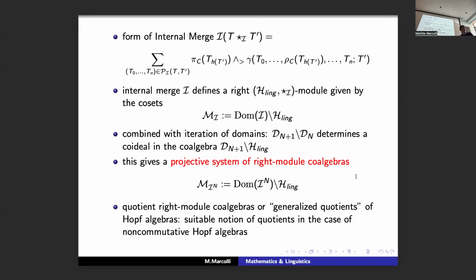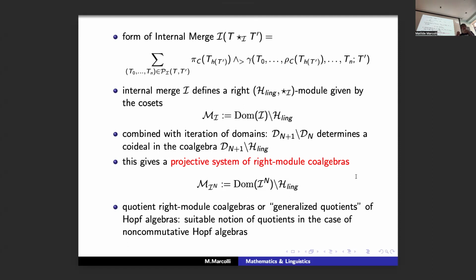Because if you have a commutative Hopf algebra, a quotient is a Hopf ideal. So it's an ideal and a co-ideal. But in a non-commutative Hopf algebra, you would need something that is both a left and a right ideal for the product and a co-ideal for the co-product.